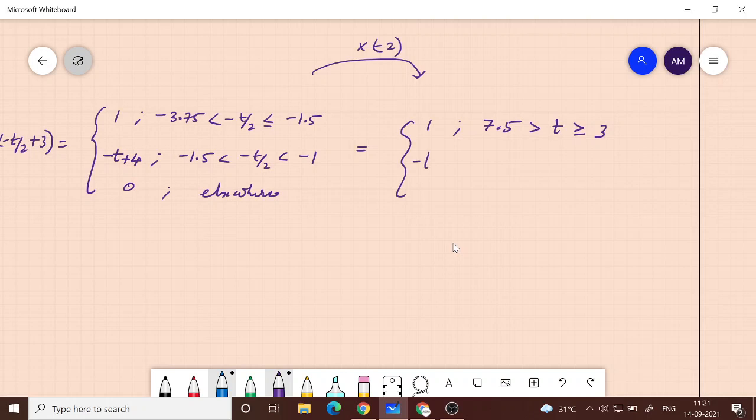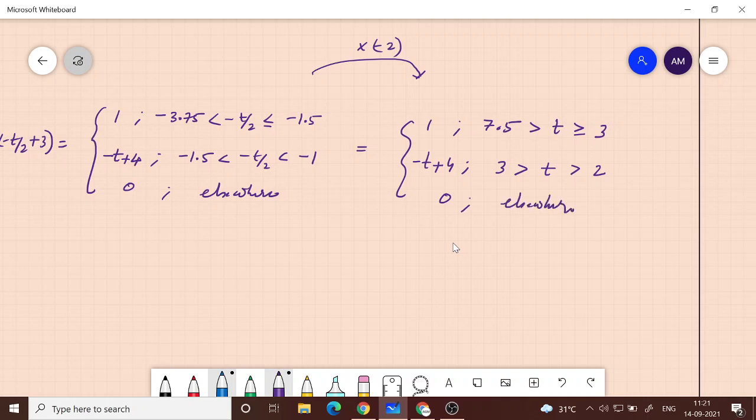Then here it is the same, no change, and here it will become 3 greater than t greater than minus 1 into minus 2, so that is 2, and 0 elsewhere. So we got the expression.